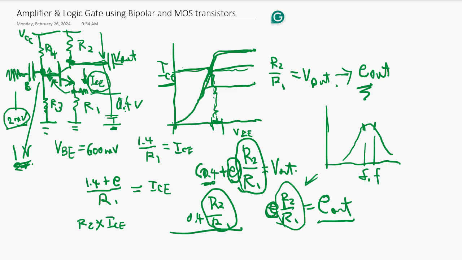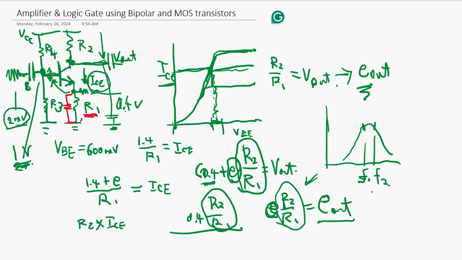Now, in order to improve this, we can put this capacitor here. What this capacitor does is, when the AC frequency is high, the effective impedance here becomes small.